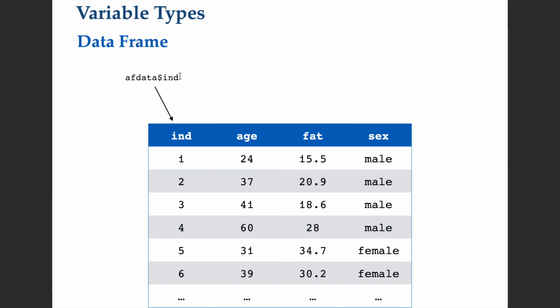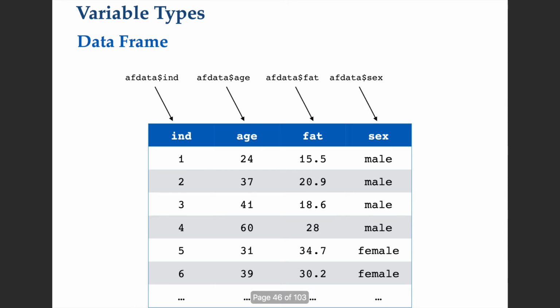So if you type that into the command line, and please do this, and then hit enter, it will give you all the individuals. Similarly, if we want all the data for the ages, you can type AF data $age and hit enter. Again, please do that, and it'll show you all of the ages.